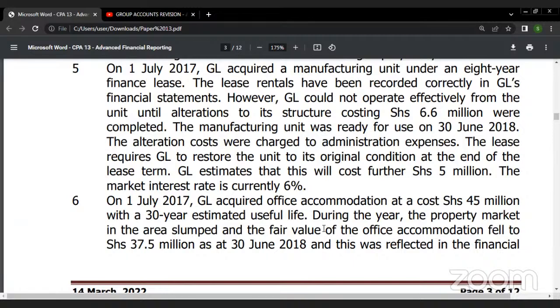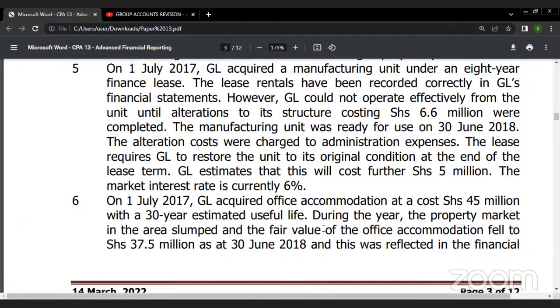However, there are also provisions, because we know that if we make an estimate of the cost that will be incurred to dismantle and restore the site on which the asset is located, then we have to create a provision in accordance with IAS 37, provisions, contingent liabilities and contingent assets.